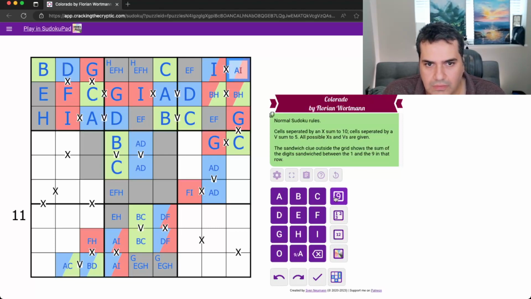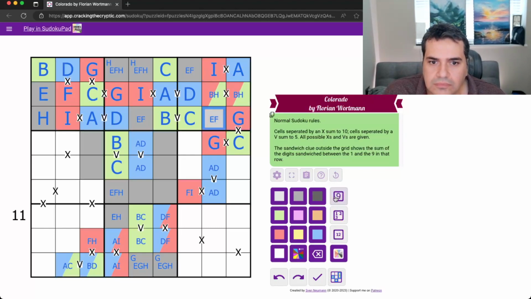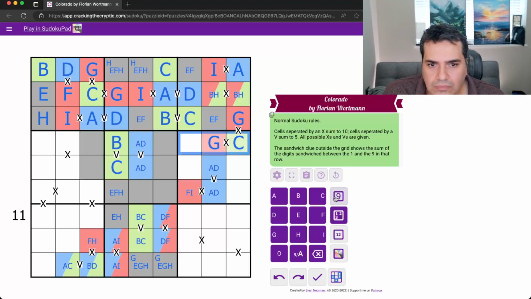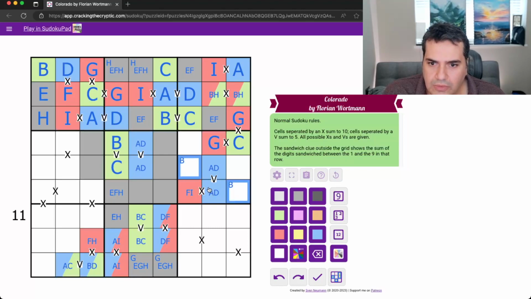That's an I with an A. It's not here. So B can't go here, because of the negative constraint. So B is actually quite restricted in this box.